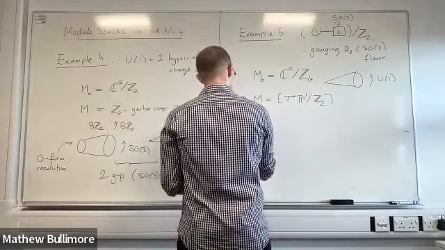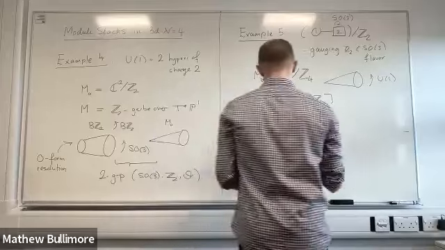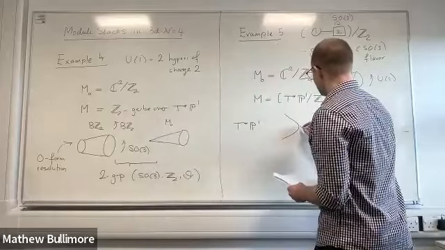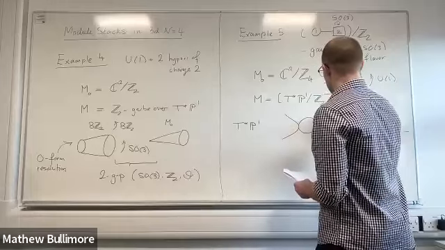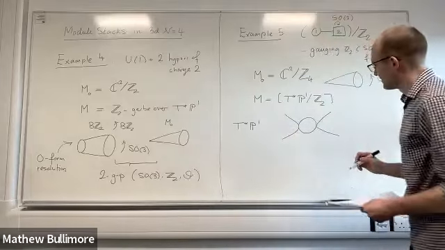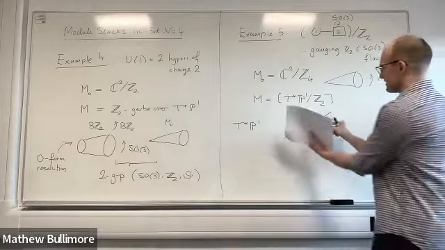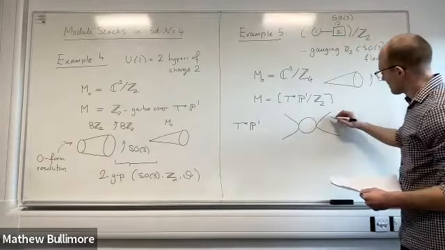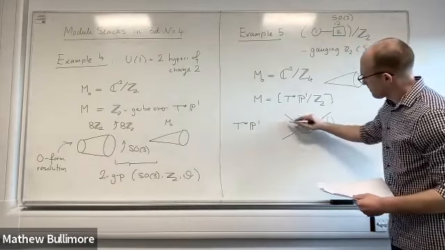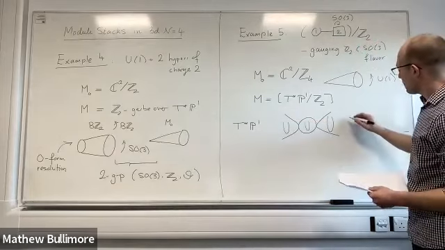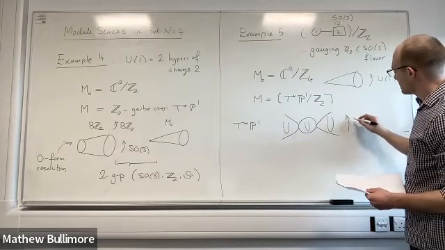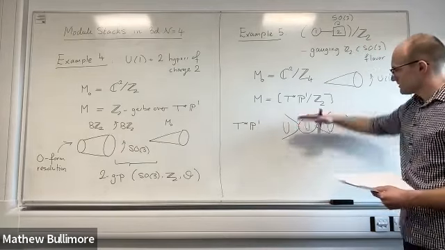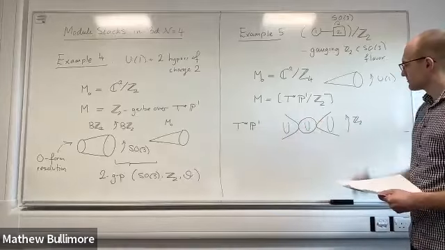If I think about T star of P1 in the following way, I draw a kind of cross section of it. It looks something like this. There's the P1 in the middle. These are the fibers at the north and the south pole. And the way the Z2 acts is it acts by rotation about this axis here, but a Z2 rotation.